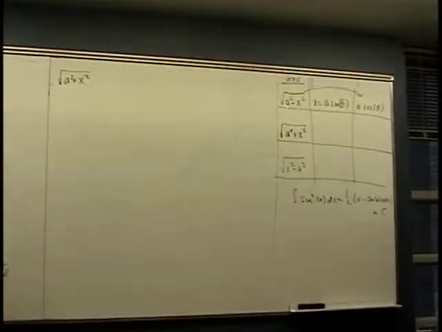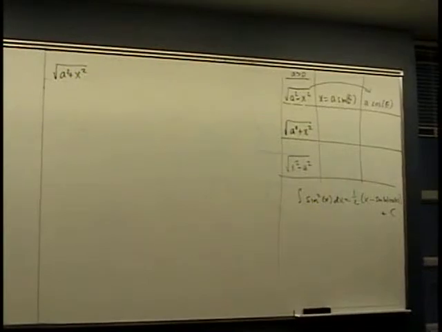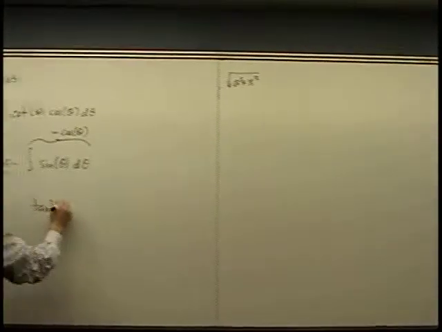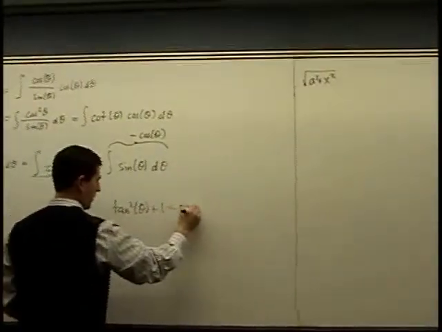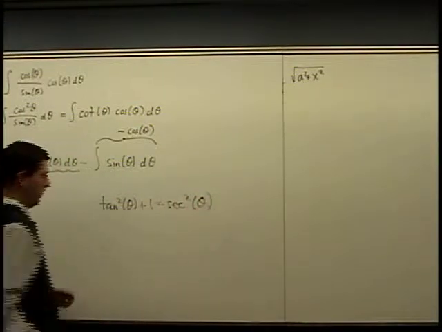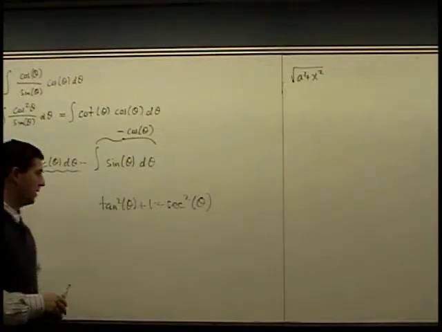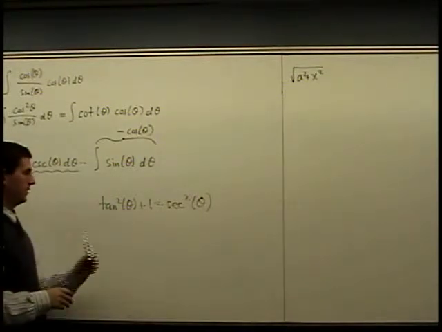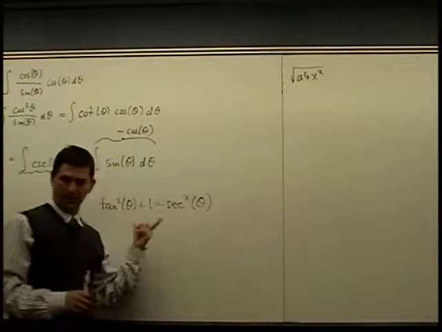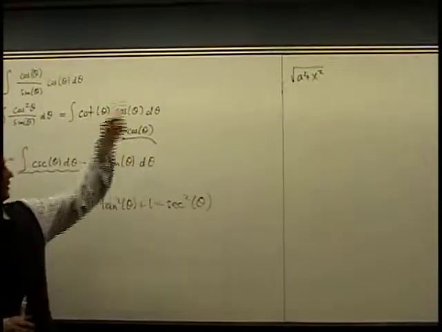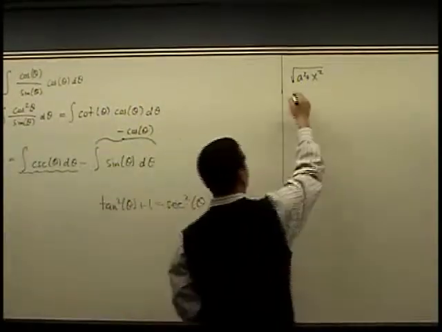Now, I want to utilize this formula that we wrote down: tangent squared plus 1 is secant squared. So if I want to utilize this formula, what do you think would be a good substitution for x?